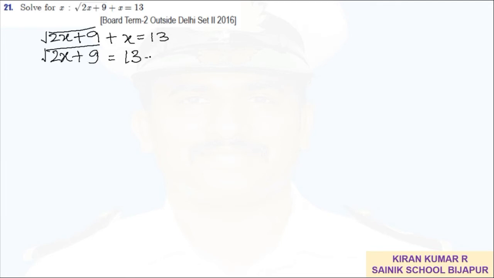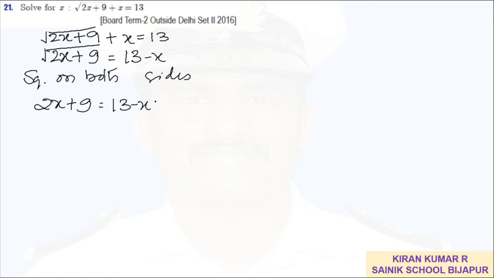It becomes 13 minus x. Now square on both the sides. We get 2x plus 9 equal to 13 minus x whole square. So 2x plus 9 will become equal to 169 plus x square minus 26x.